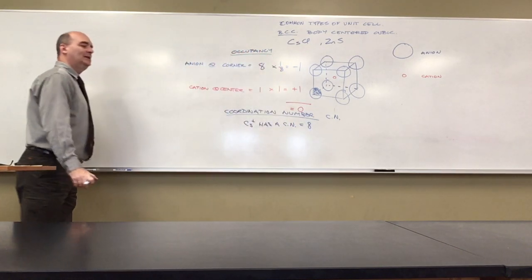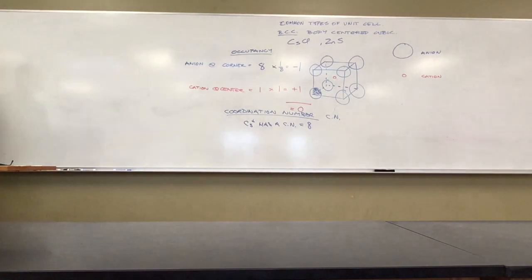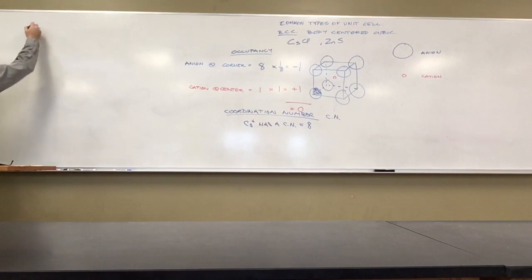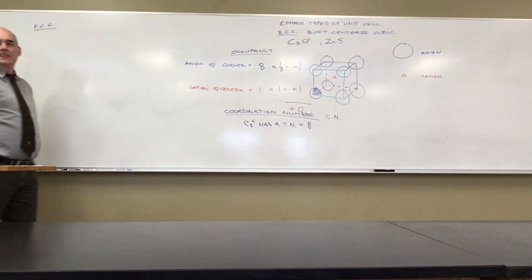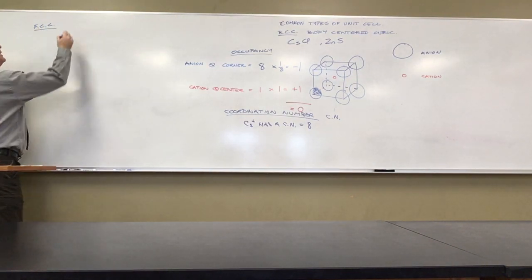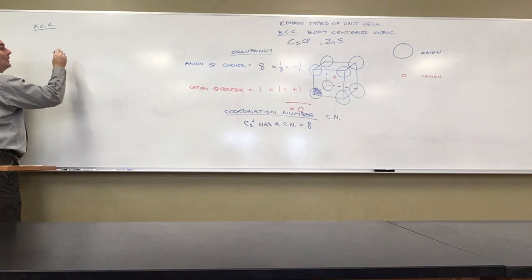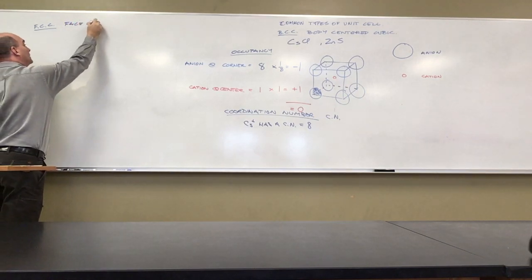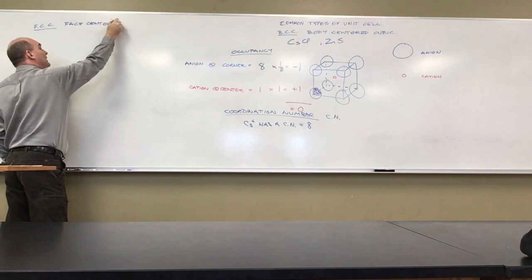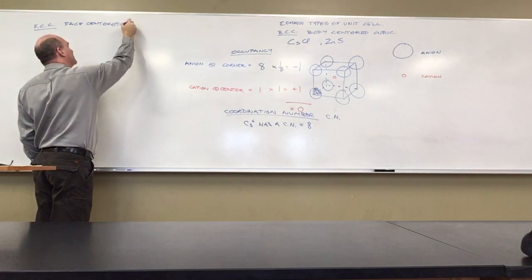And 8 is a cubic number. All right, the other big one that everybody's supposed to know is face-centered cube. Face-centered cube is also something called cubic close packed.